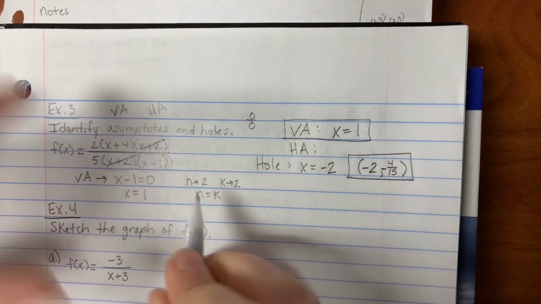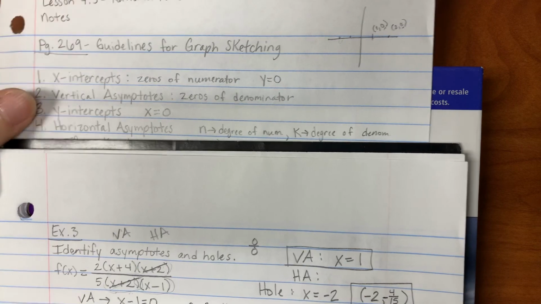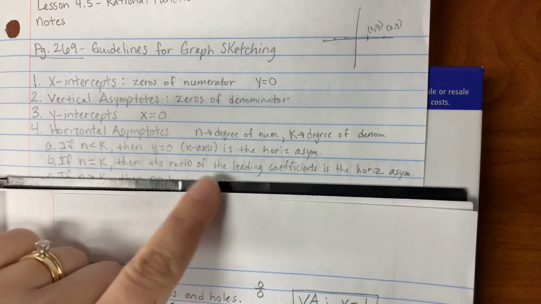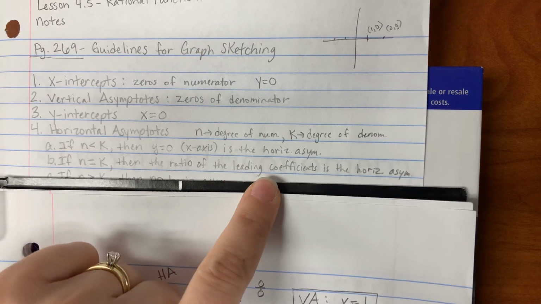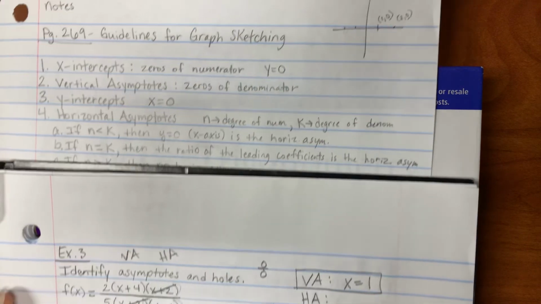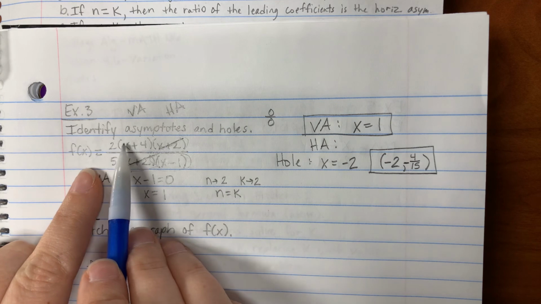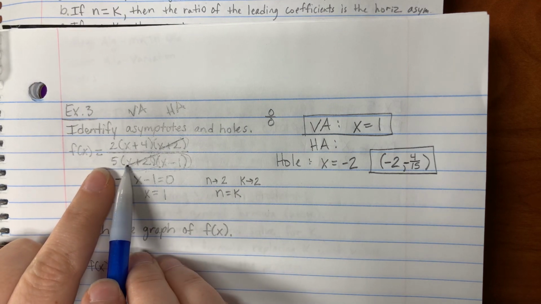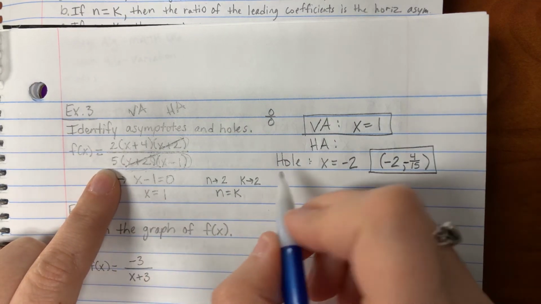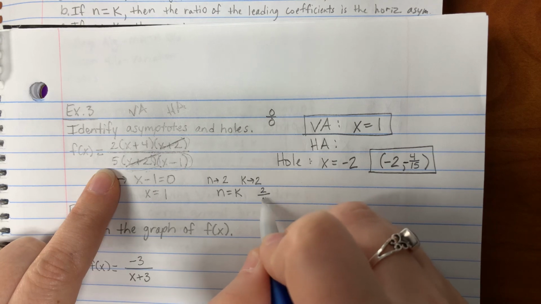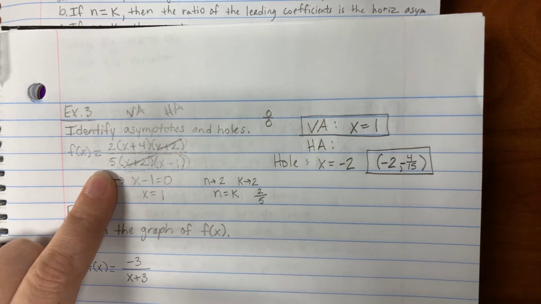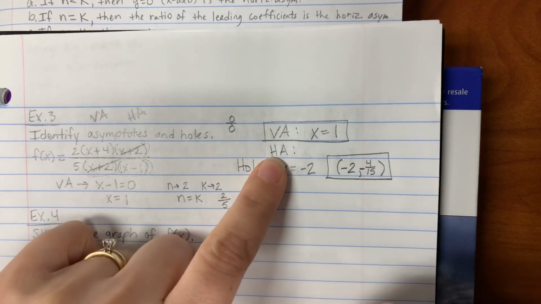So then I have to go back to this rule again. If n equals k, what do I do? I find the ratio of those leading coefficients. In this case, if I multiply all this through, I would end up with a 2x squared and a 5x squared. So 2 over 5 would be my ratio. That tells me that I have a horizontal asymptote.